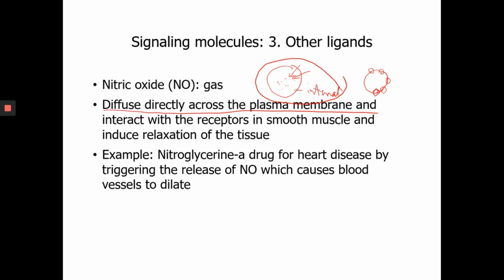They can interact with the receptors in smooth muscle, and then they induce relaxation of the tissues. We use that to treat heart disease because we want the smooth muscles in the blood vessels to relax so that the blood vessel can be dilated. This will allow more blood to flow through so that your heart tissues can get oxygen and nutrients.